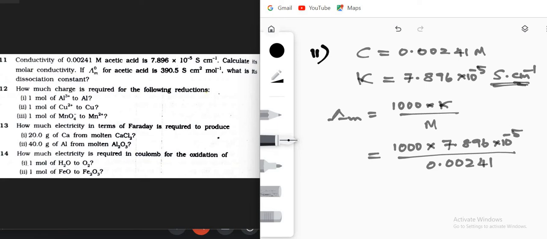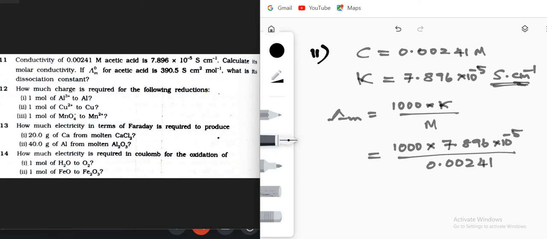It will come around 1000 into 7.896 divided by 0.00241.